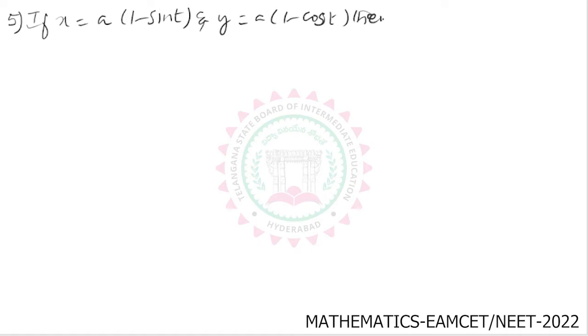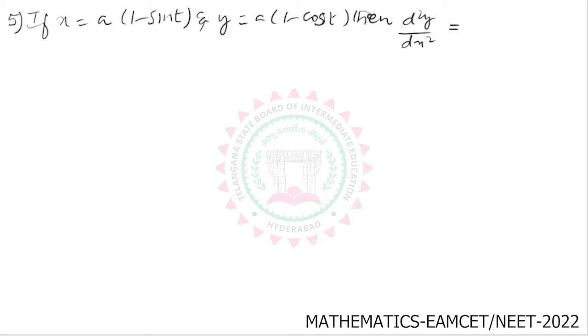Then he is asking the value of d2y by dx square is equal to. Now what is asked, x is a function of t, y is a function of t. He is asking the value of d2y by dx square.